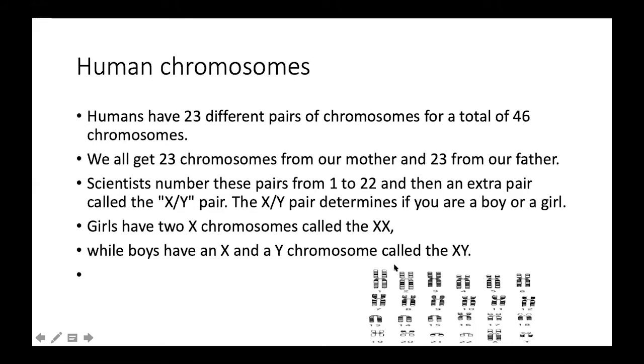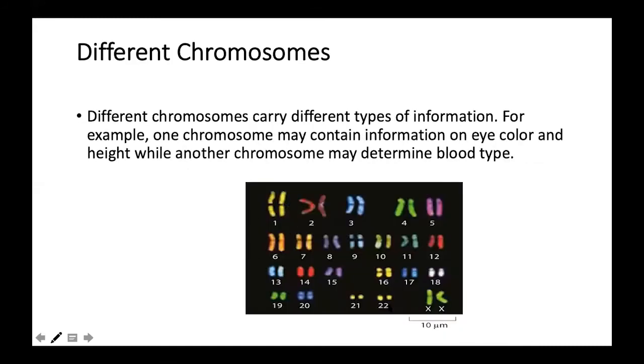So I'm going to summarize it again. We have in total 46 chromosomes in each cell of our body, except the reproductive cells. Usually, the chromosomes are arranged in pairs. The pairs from 1 to 22 are labeled with numbers, and these different pairs of chromosomes perform different functions because they have different instructions.